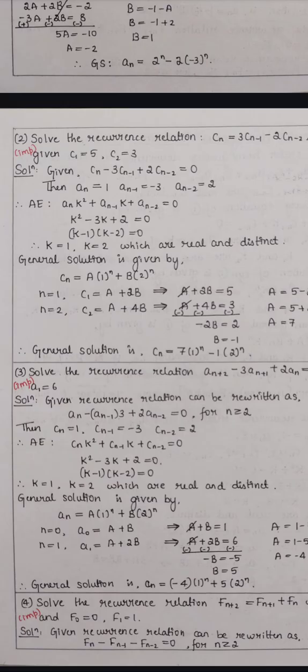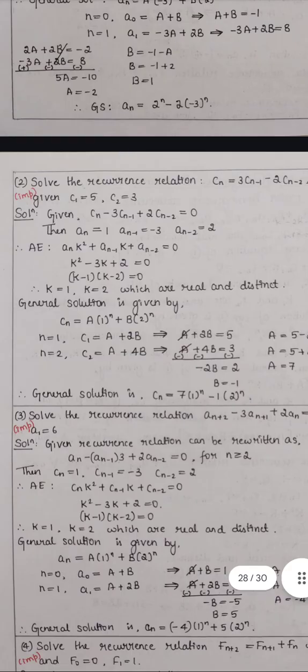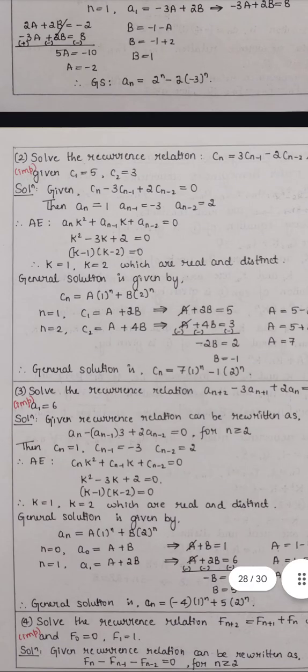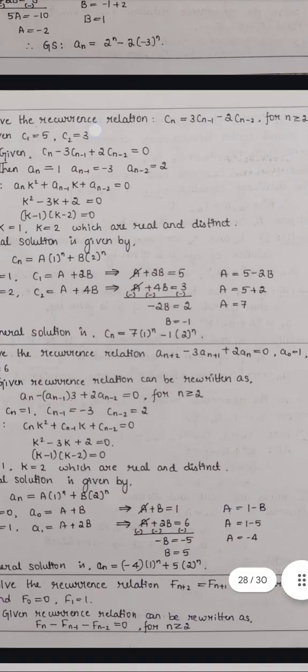So what do we have here? C1 they have given. When n equals 1, C1 equals a plus 2b, and when n equals 2, it is a plus 4b.